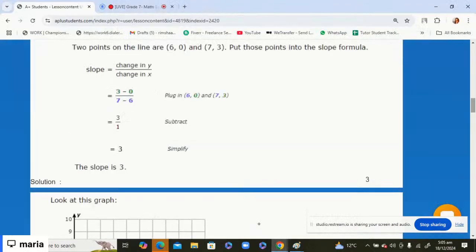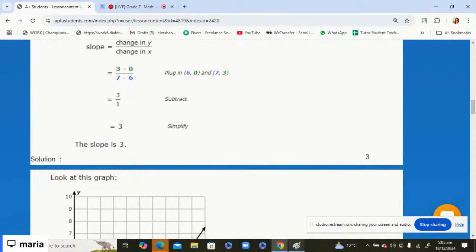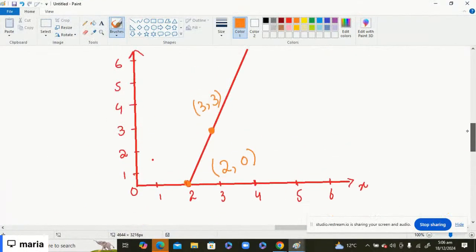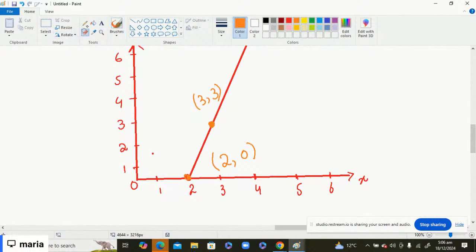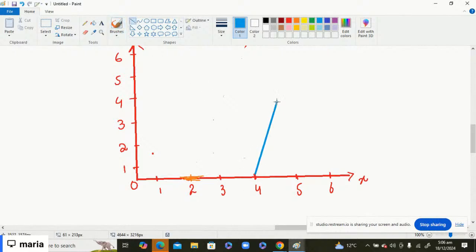Okay. This is the way that we find the slope. If for example, I'm going to take another line here, this is not your previous line. Just take some other points on it. So let's suppose the line is here, like for example it's on this point.